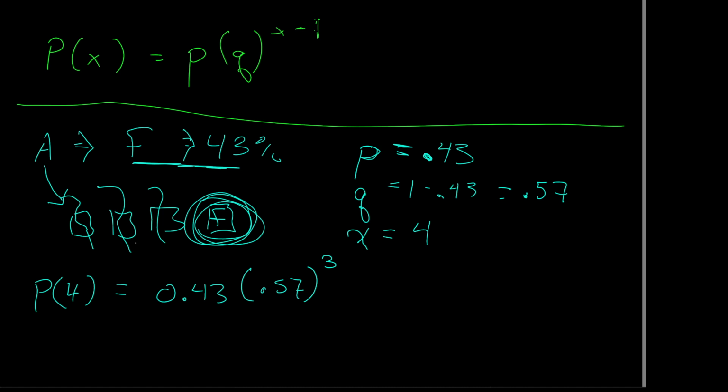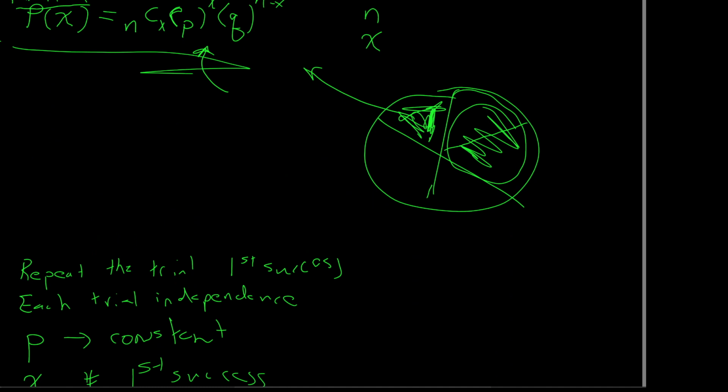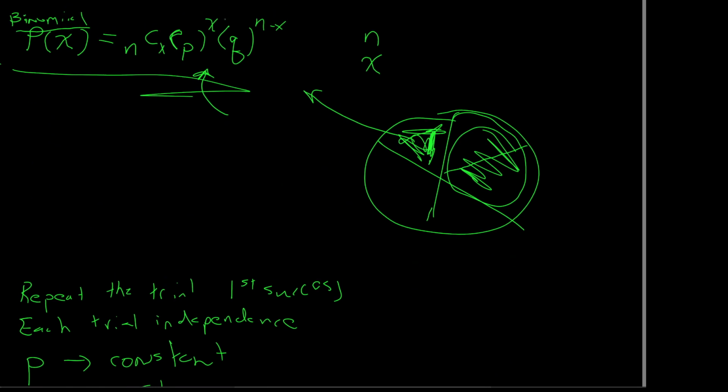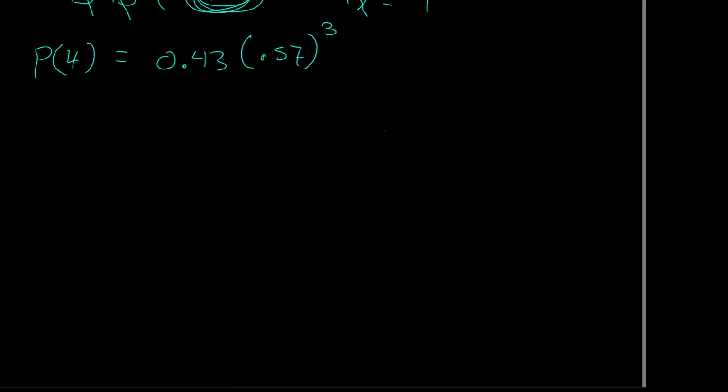Now notice this has the same kind of thing going on with the exponents that you had with the binomial. Let me scroll up and see the binomial here. With the binomial, and I pointed this out before, if you add x and n minus x, you get the total number of trials. In the geometric, if you add the exponents here, well, we don't write ones in mathematics.